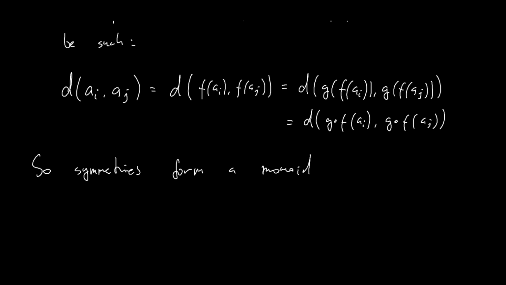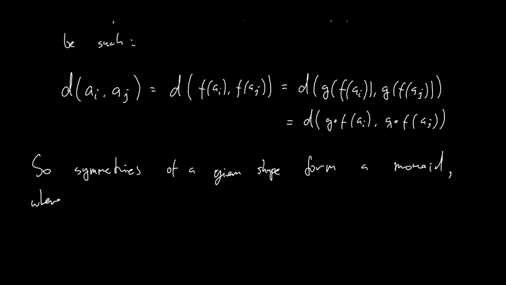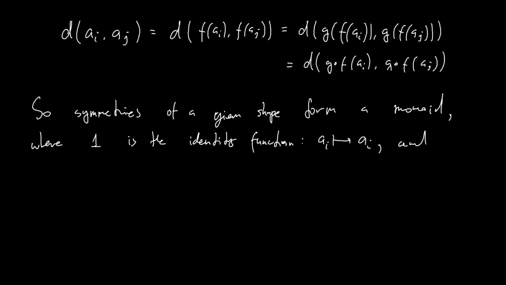I'm now talking about symmetries of a given shape, where one is the identity function, it maps every a_i to itself, and multiplication of the monoid is the composition of symmetries.